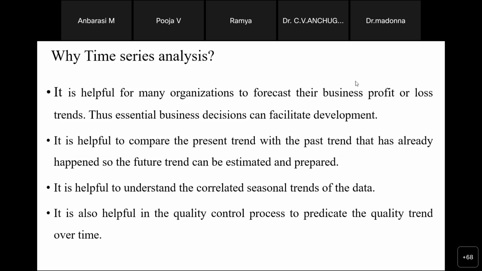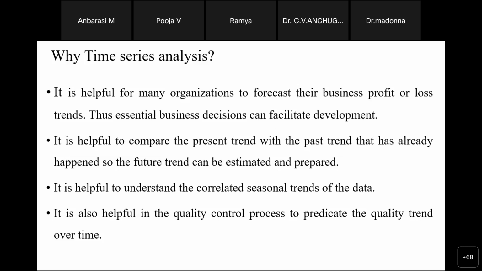Based on the graph itself we can predict whether the trend is going up or down, so we can avoid the loss. Even in business, we can check each and every product, whether it is moving in a positive or negative direction. Based on that we can conclude whether we are getting a loss or profit.